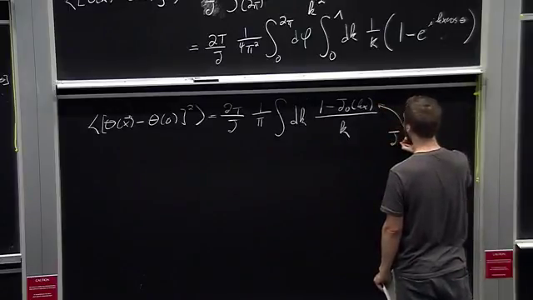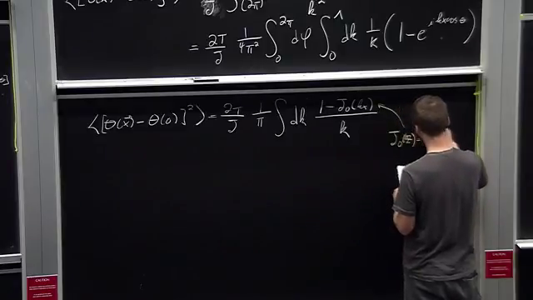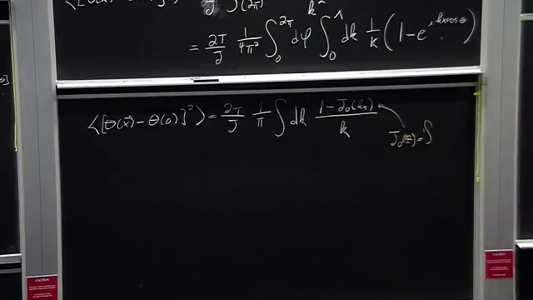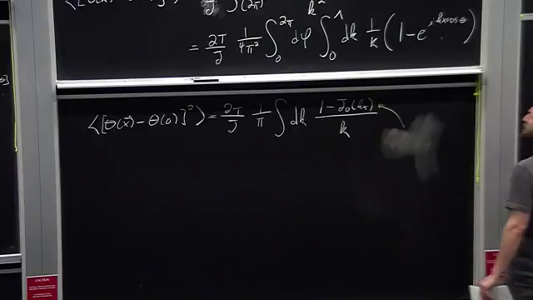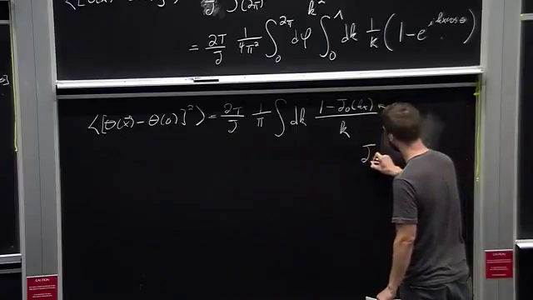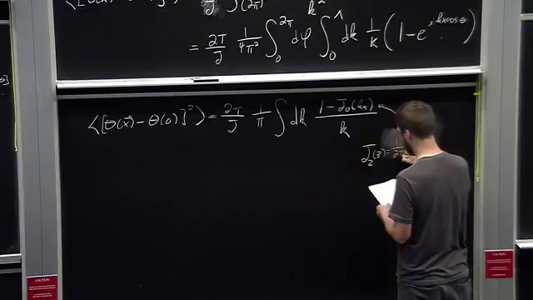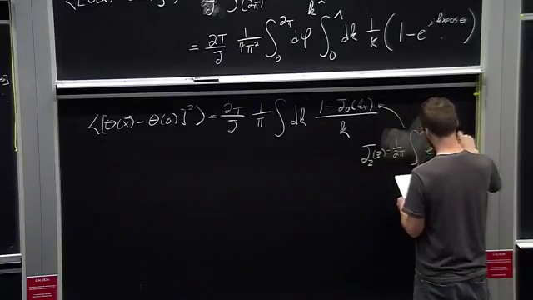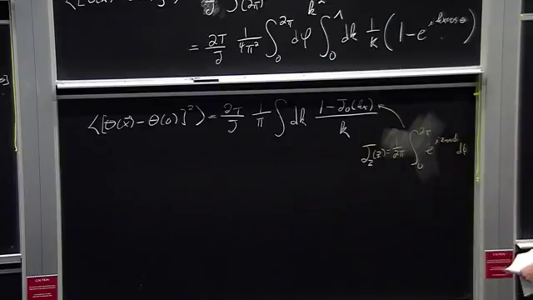For my Bessel function, J naught, the only point is I want to use that Bessel function's behavior at z equals 0. So 1 over 2 pi, integral from 0 to 2 pi, e to the i z cos phi d phi. Right.